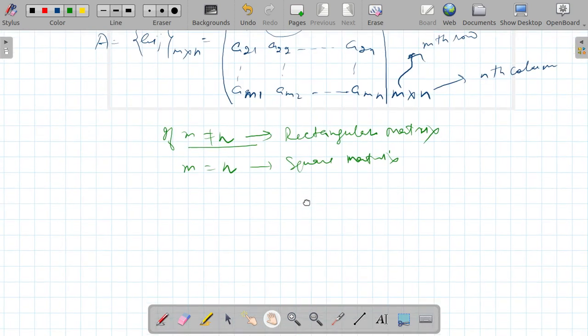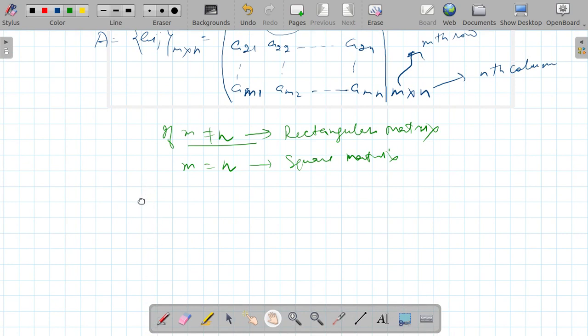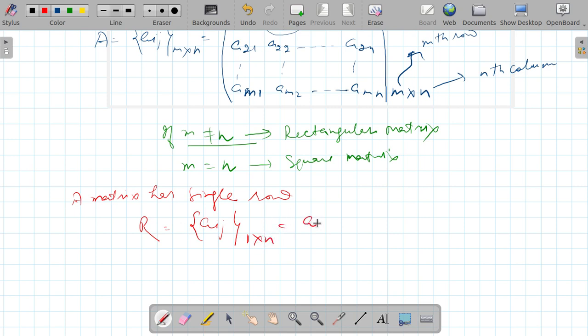Also, if a matrix has a single row, then a row matrix can be defined, or we may represent it as A11, A12, A1n. So this is known as a row matrix.